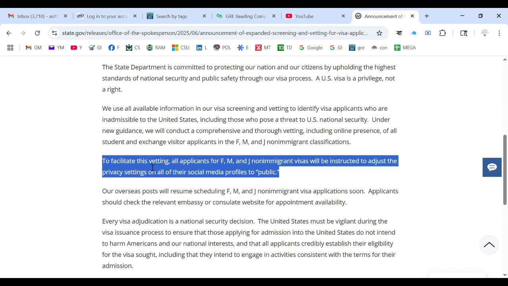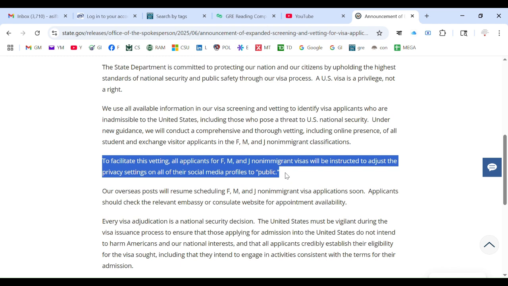At that time you will be required to set the privacy settings of all social media profiles to public. For example, Facebook is a social media profile, Instagram is another, TikTok, every social media platform profile should be set to public.